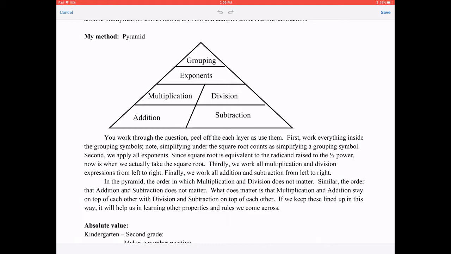And grouping is the same as the grouping symbols. And grouping symbols are parentheses, brackets, braces, absolute value bars.